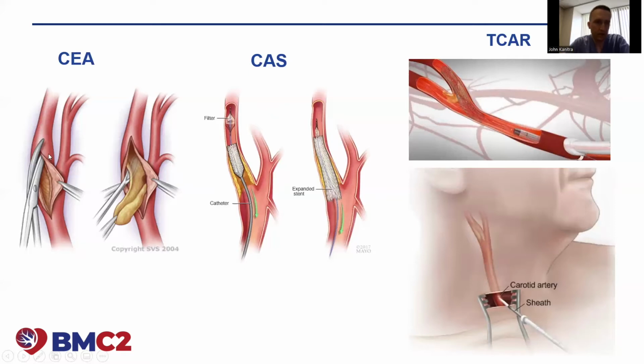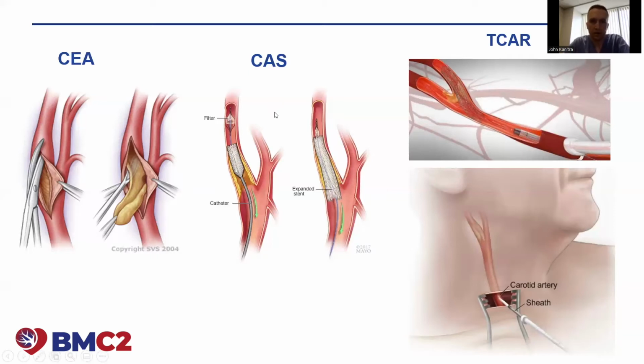As far as carotid endarterectomy, in general, this is the gold standard as far as what should be done. This is an open surgical procedure, so there's an incision over the neck. We dissect down to the artery, make an anterior arteriotomy, and you remove the plaque manually and then close with usually a patch, like a bovine pericardial patch, and you close the patient.